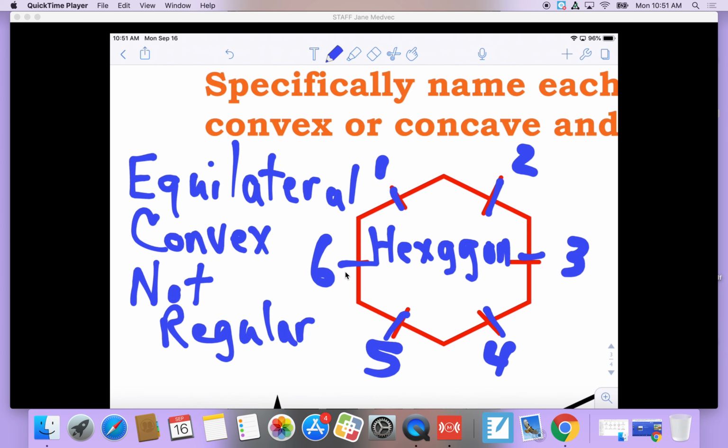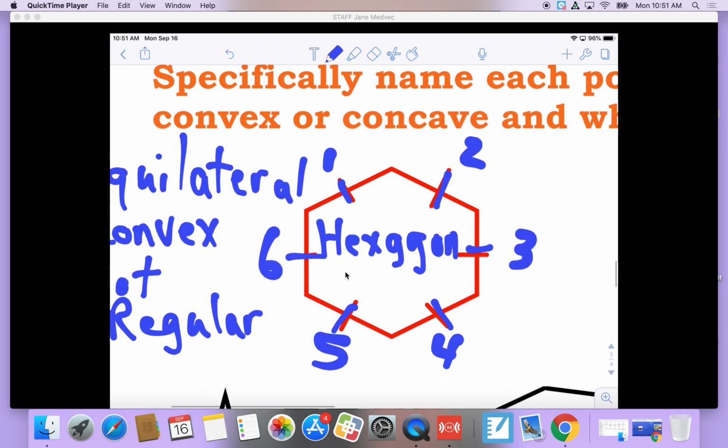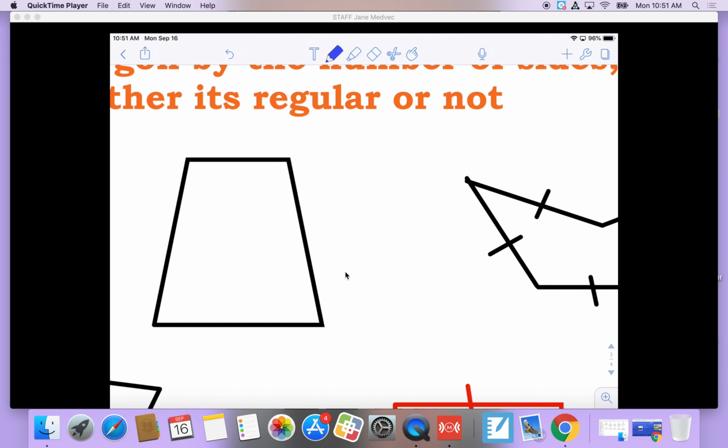On these problems, just make sure that you look at the directions and answer the questions. That's the main problem that students have. Let's go to the next one. You're going to notice that it has 4 sides, so it's a quadrilateral.